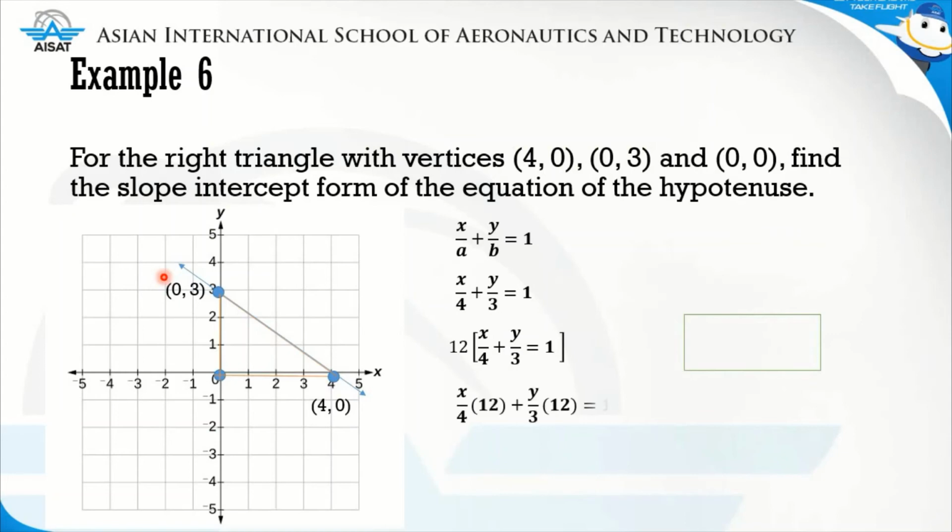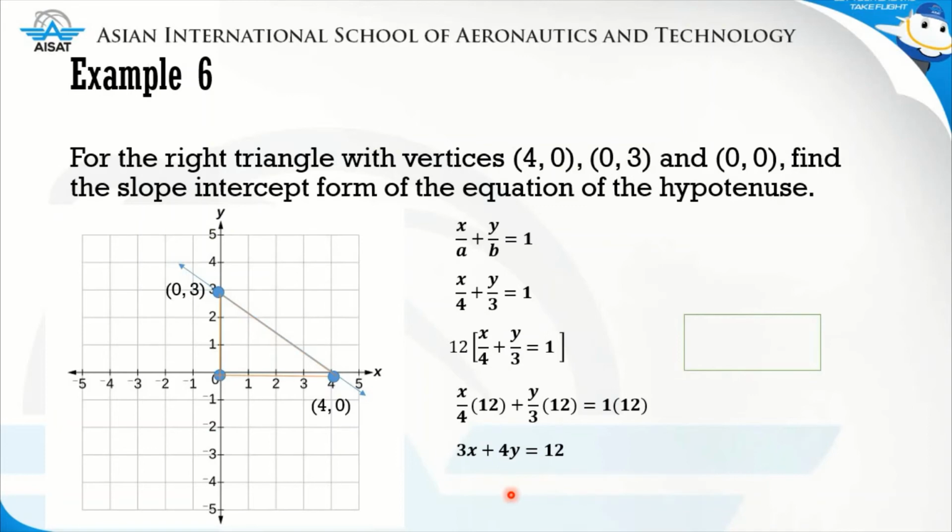Multiplying each of these by 12, we'll have x over 4 times 12 plus y over 3 times 12 is equal to 1 times 12. Now to simplify these, we know that 12 divided by 4 is 3, so we'll have 3 times x, and 12 divided by 3 is 4 times y, we'll have 4y is equal to 1 times 12, which is 12.